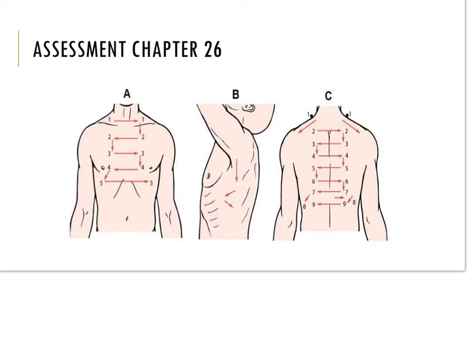Okay, this is showing you a picture that's in your book, and it's showing you all the different points for auscultation, but let's be real. Most patients cannot tolerate this many points of auscultation. It is great if we can do anterior, lateral, and posterior breath sound checks on patients, but often they are too fatigued, especially if they have a chronic respiratory illness.